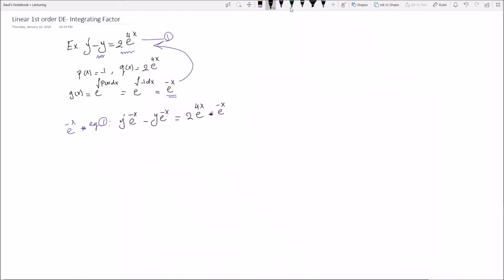So we can notice here the integrating factor being multiplied by each part of the equation.